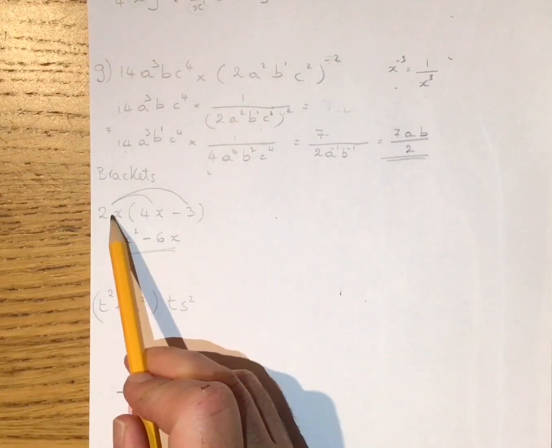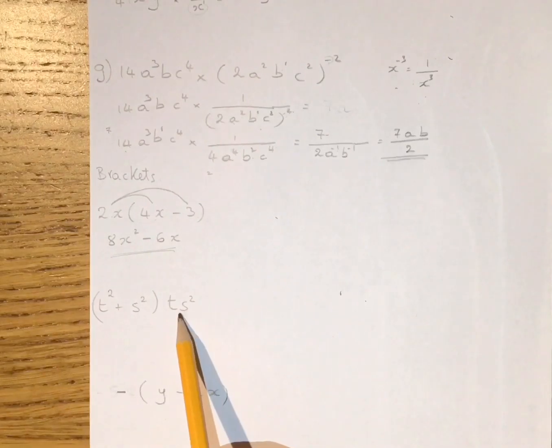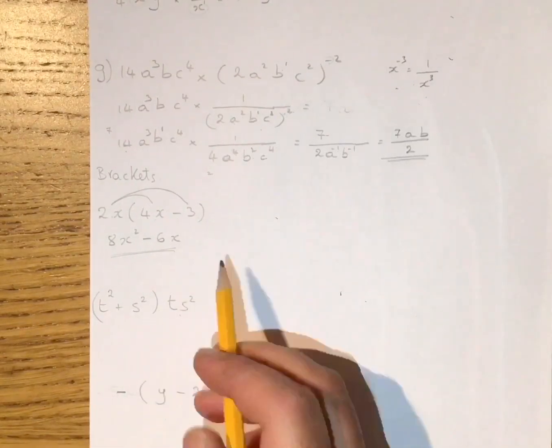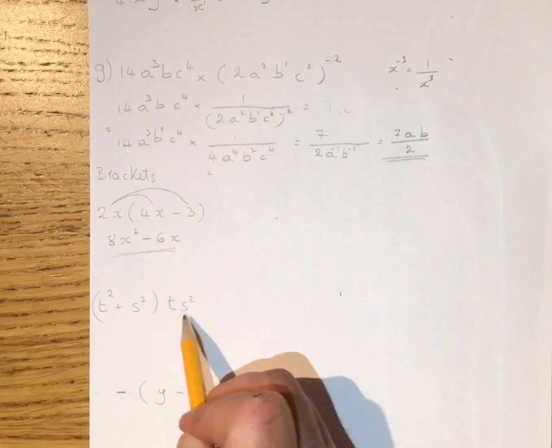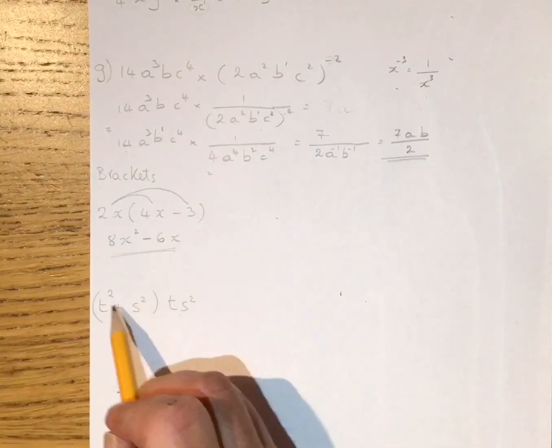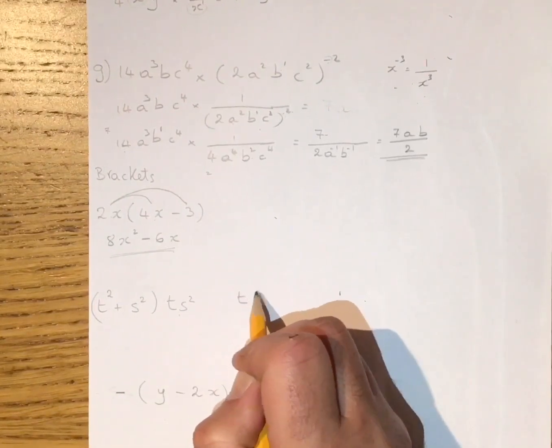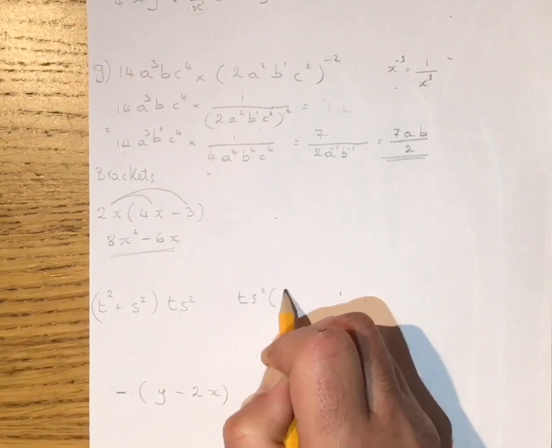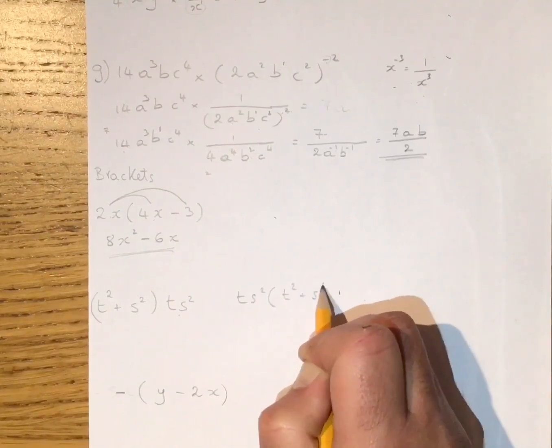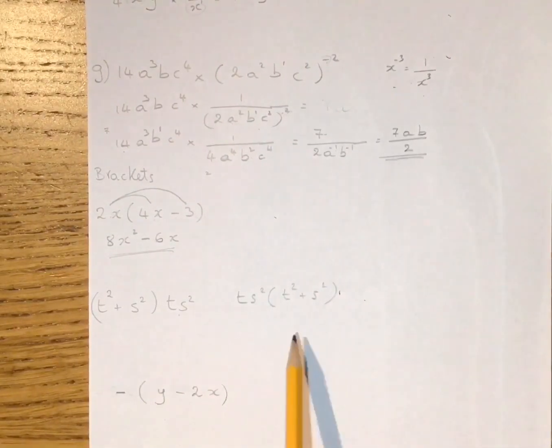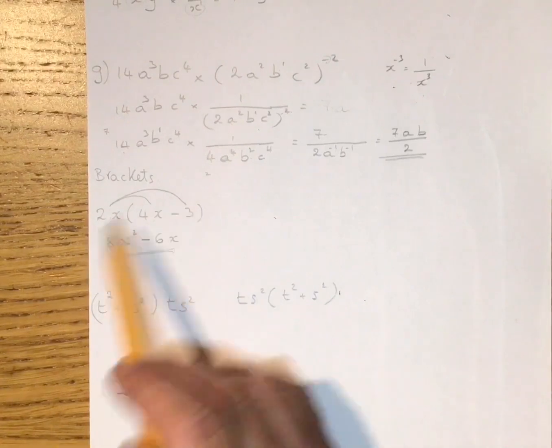Here we have the term in front of the bracket, here we have it after the bracket, but we do the exact same thing. So we have ts squared times t squared plus s squared. We can rewrite this if we prefer to look like that, and that will be just the same as we've done there.